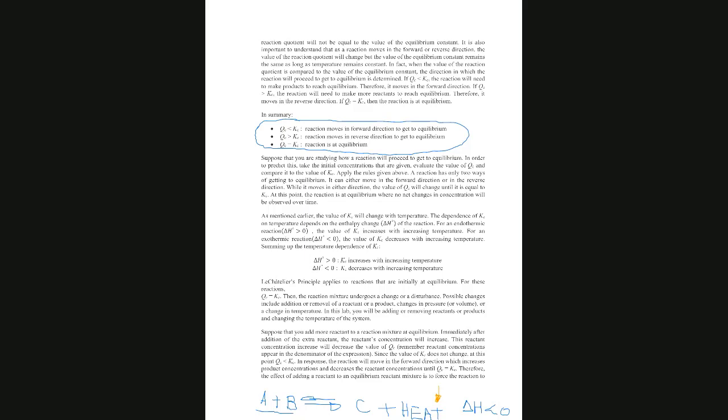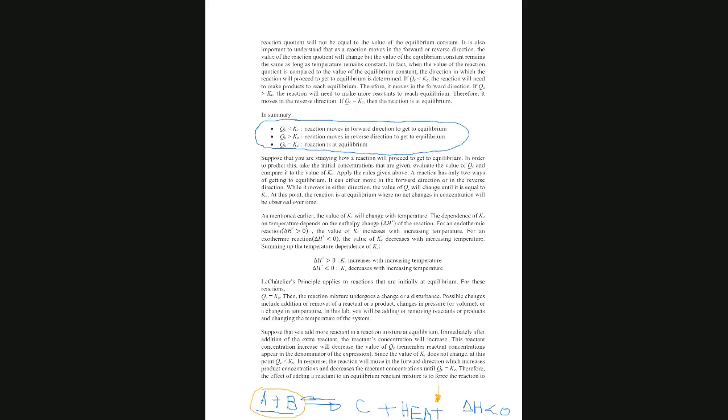According to Le Chatelier's principle, the system will try to remove the added heat by moving to the side without heat. Which one is the side without heat? Obviously it is the reactant side, because we can write the heat as another product. So it's easier for us to figure it out.